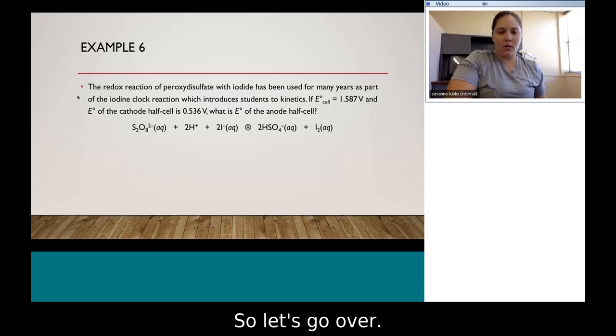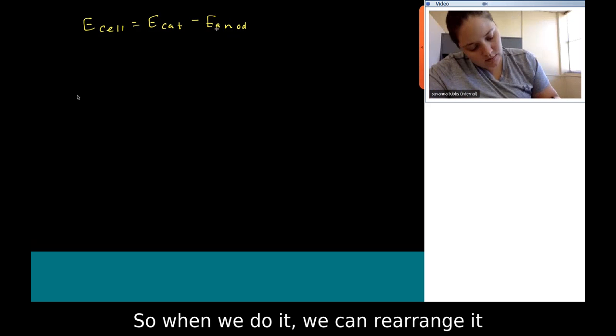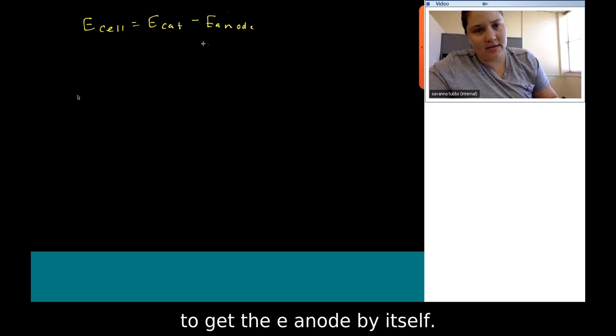So, let's go over. The equation is going to be E cell equals E cathode minus E anode. So, when we do it, we can rearrange it to get the E anode by itself.